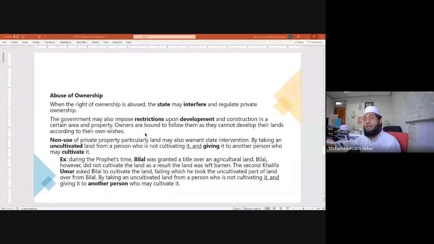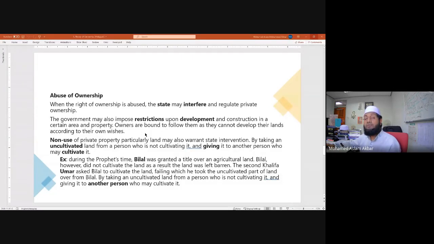And during the Prophet Sallallahu Alaihi Wasallam time, Bilal was the agriculture farmer and he was doing farming. But after the demise of the Prophet Sallallahu Alaihi Wasallam, he was not able to do that because he was quite busy with da'wah. Then Umar went to Bilal and asked, you have to give me back, because Umar was the Khalifa.